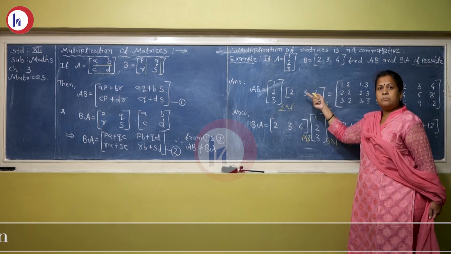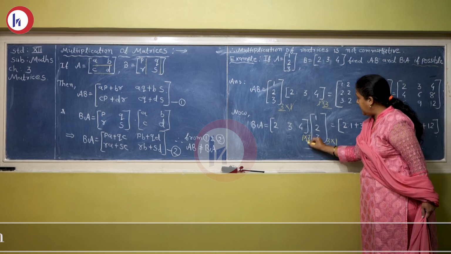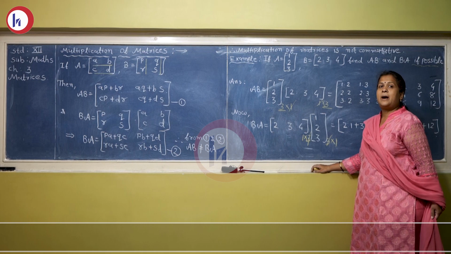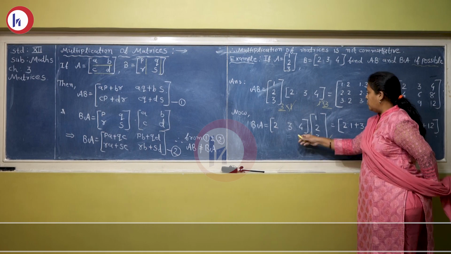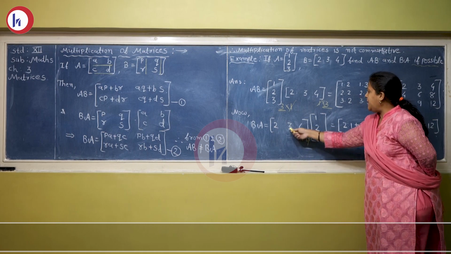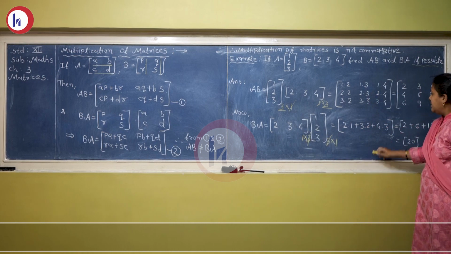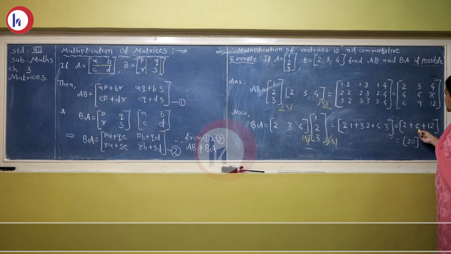As we have observed previously, these 3 and 3 will cancel and your answer becomes 1 by 1. So it gives you 2 ones are 2 plus 3 twos are 6 plus 4 threes are 12. That is 2 plus 6 plus 12. So your final answer becomes 20 and it is a 1 by 1 matrix.